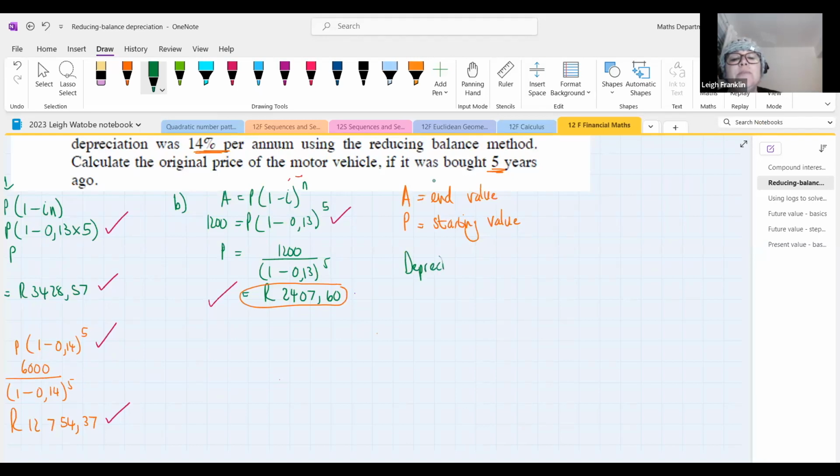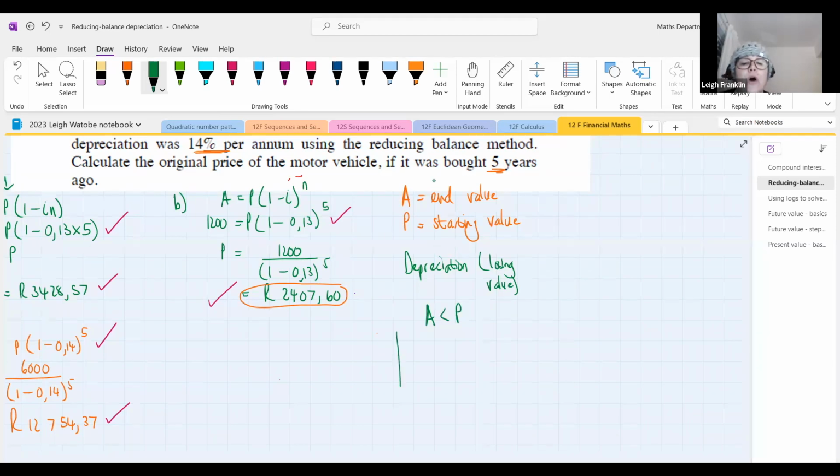If it is depreciation, this means that it's losing value. It's worth less at the end than it was in the beginning. So if something has depreciated, its end value A is smaller than its starting value.